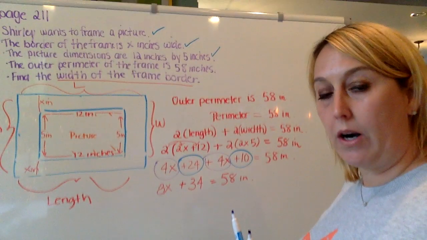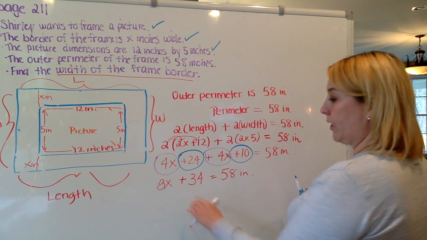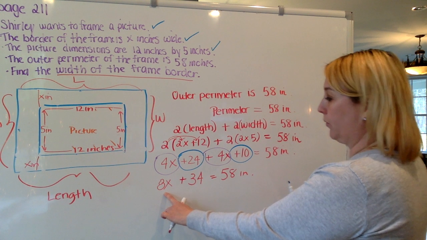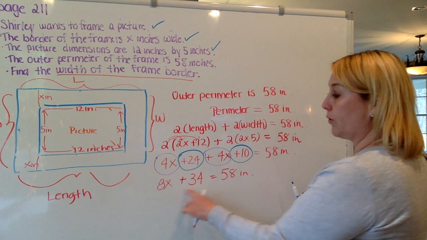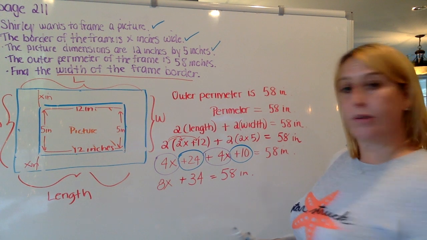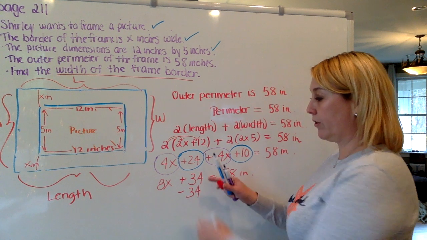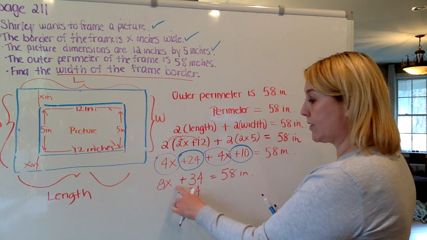Now we're going to use our algebraic approach here, and we're trying to isolate the variable, right? We're trying to get 8x alone. So we've got to get rid of this constant. So the way to undo positive 34 is to subtract 34, right? To undo positive 34 is to do the inverse operation, the opposite operation.